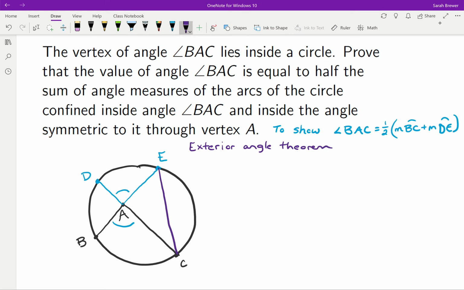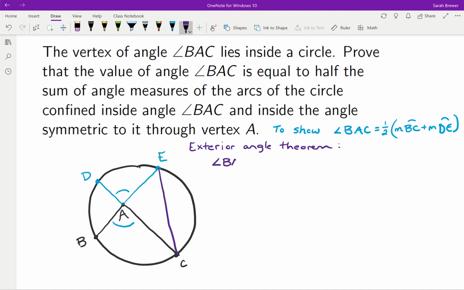And so the exterior angle theorem tells us that an exterior angle, which is an angle that is in a linear pair with one of the angles of a triangle, is equal to the sum of the two remote interior angles.